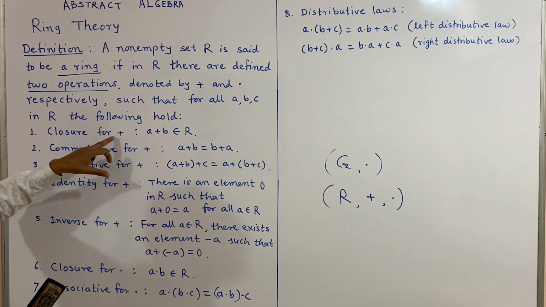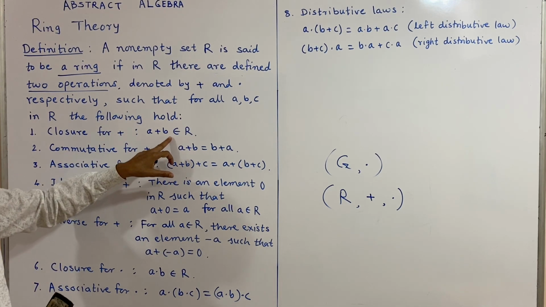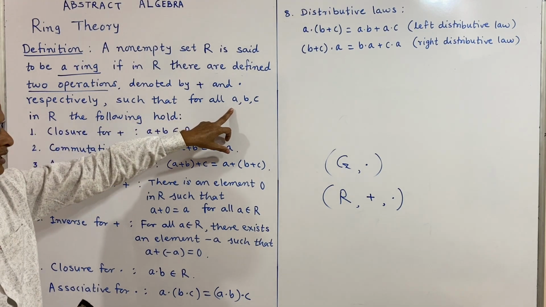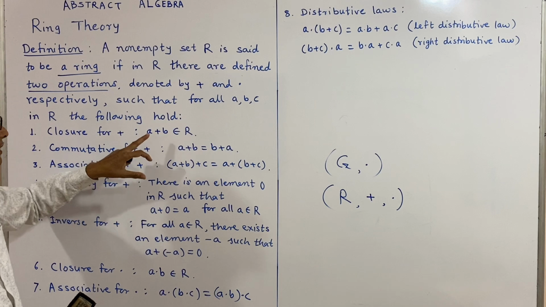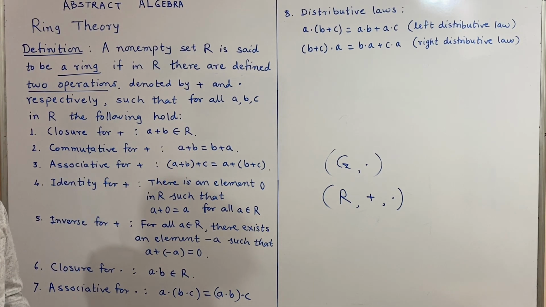First is closure for addition, that is A plus B belongs to R, and this means for all A, B in R, A plus B is again in R, that is the closure property as we know. Then commutative for addition.